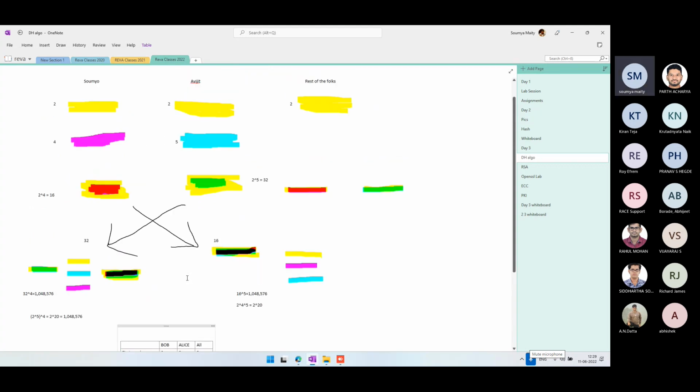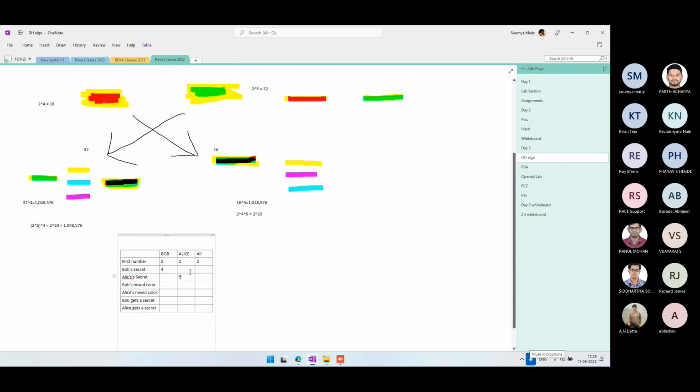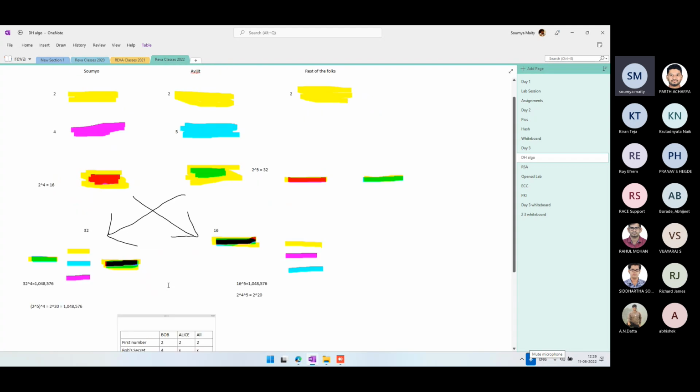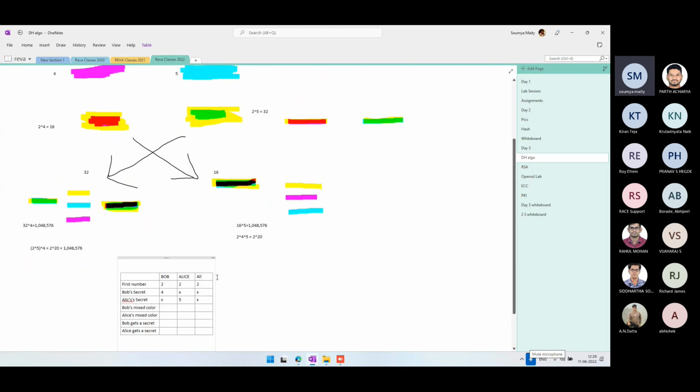And Alice's secret is 5. Now Bob's mixed color is 2 power 4, which is 16. This is Bob's mixed color, and everybody knows this 16.